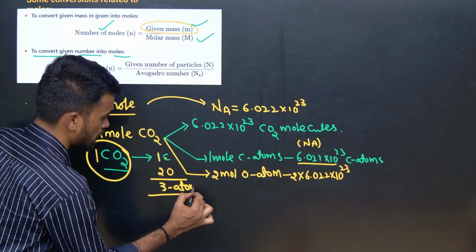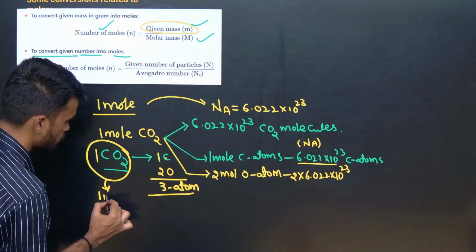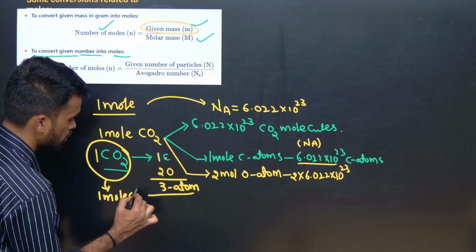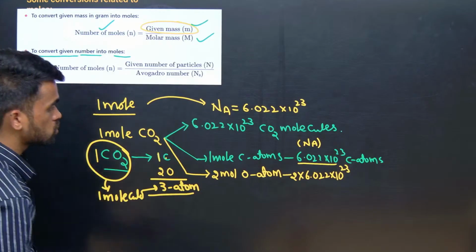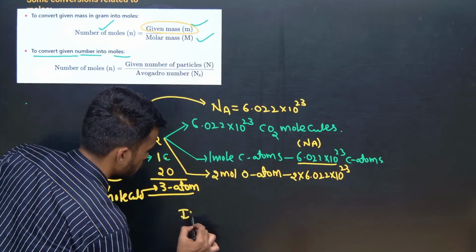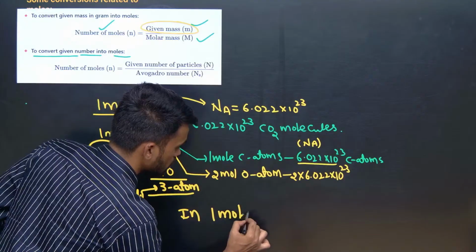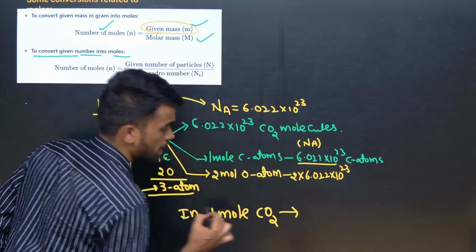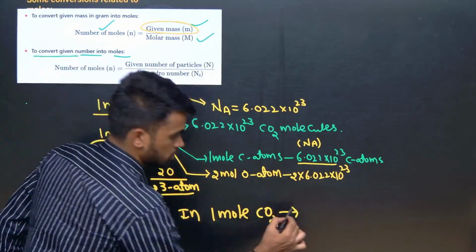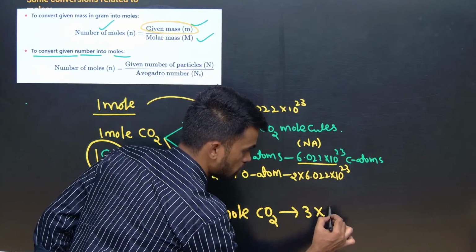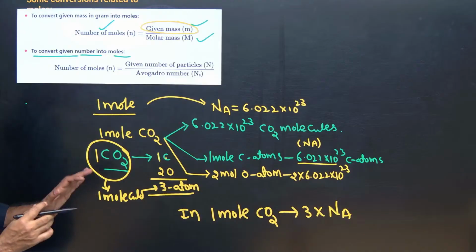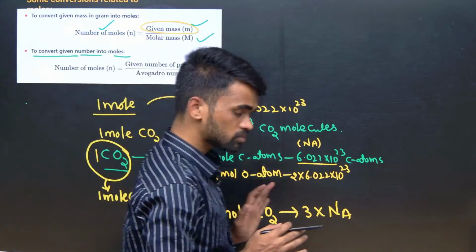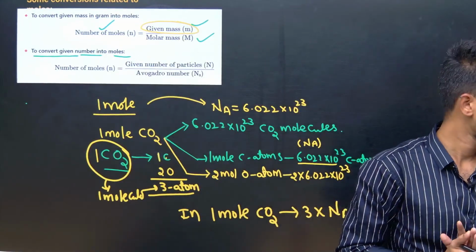So in 1 mole, CO2 contains how many atoms? 3 × Avogadro number, 3 Na. Is that clear? This is a basic understanding. So just write it in your notes.